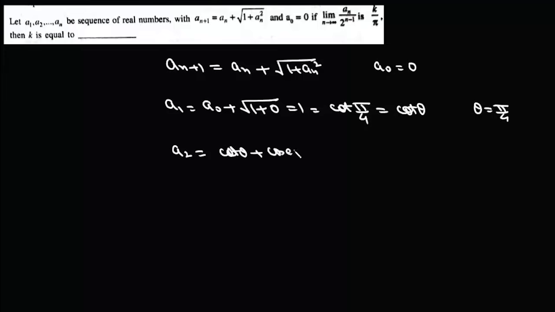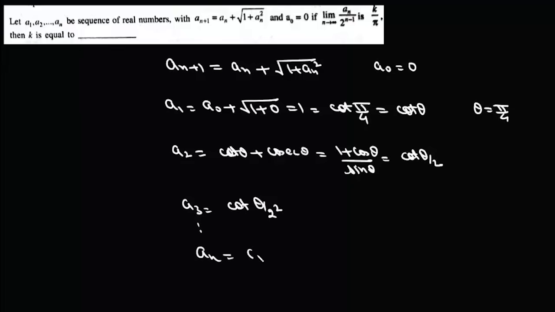So there will be cot theta plus cosec theta, and this is 1 plus cos theta by sin theta, and it is cot theta by 2. If we substitute here cot theta by 2, we'll get cot theta by 2 square. So a3 will be cot theta by 2 square. So we'll get an as cot theta upon 2 to the power of n minus 1, where theta is pi by 4.